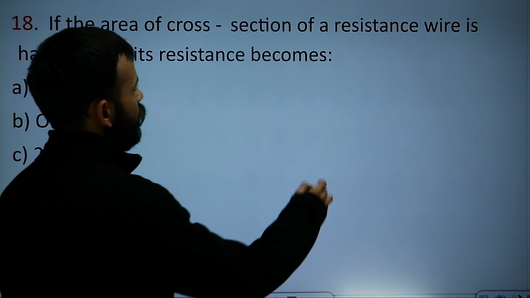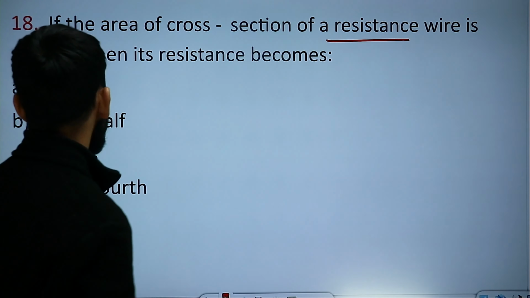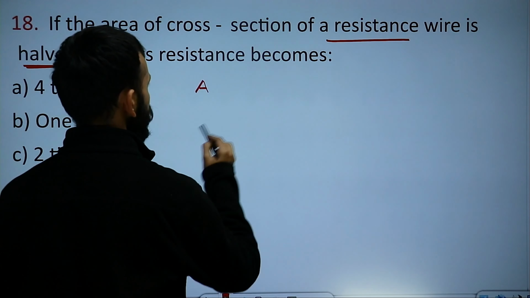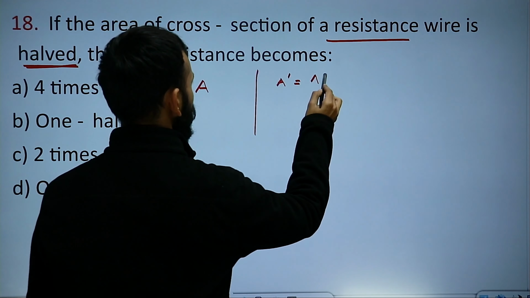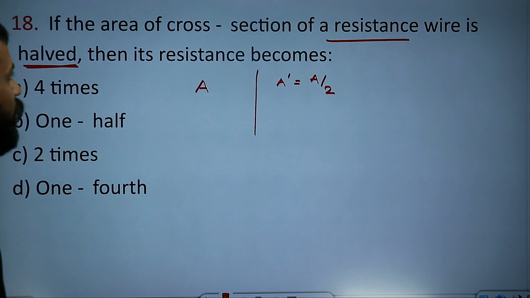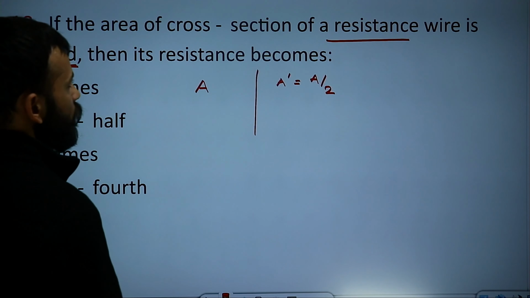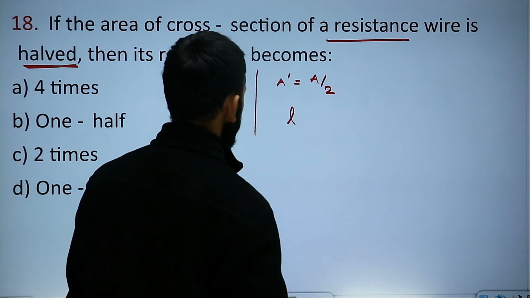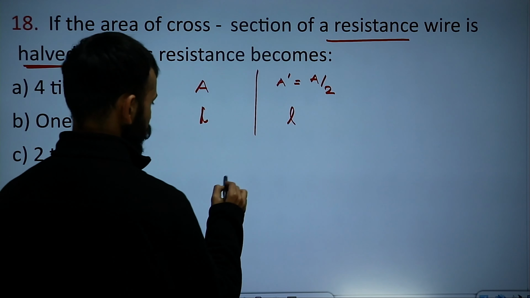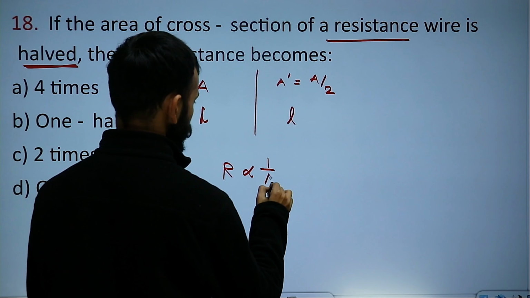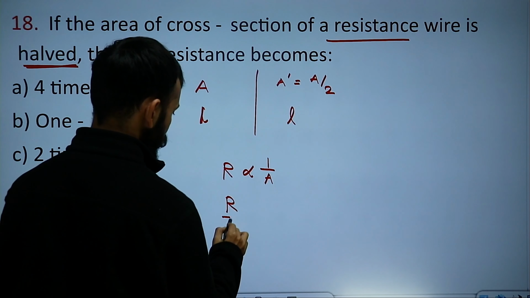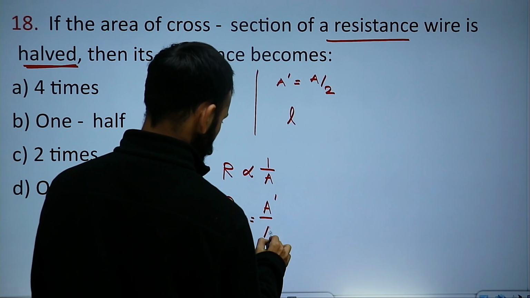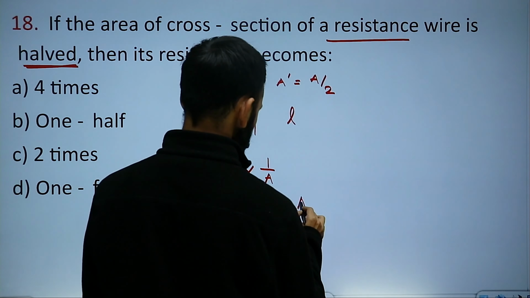if the area of cross section of a resistance wire is halved, which means let's suppose the initial area is A and the new one will be A by 2, then what will the new resistance of the wire be? Let's suppose its initial length is L and the length is constant. Since resistance is inversely proportional to the cross-sectional area, R upon R dash can be written as A dash upon A, where A dash is A by 2.